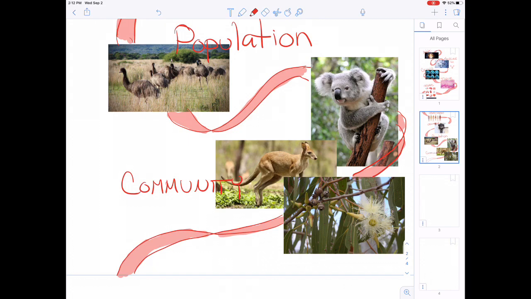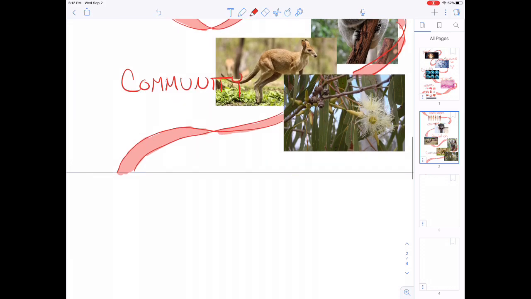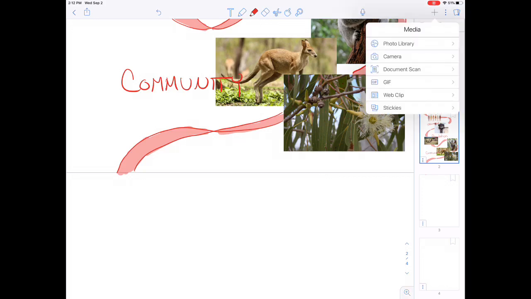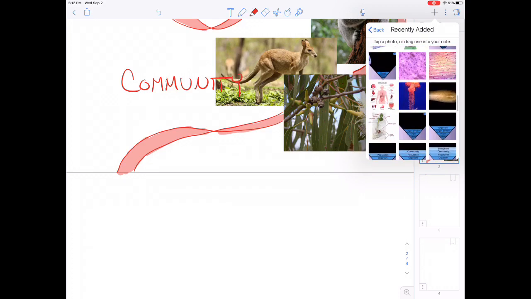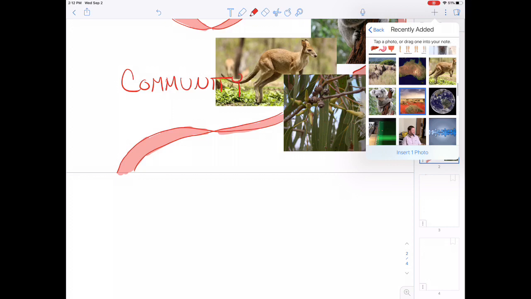We now are going to not only include the living organisms in the community, but we are going to add non-living organisms into that community. That is called an ecosystem. Let me find a nice picture of an Australian ecosystem. This is a pretty one.